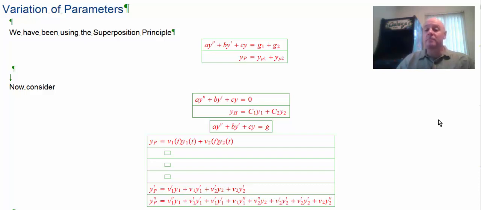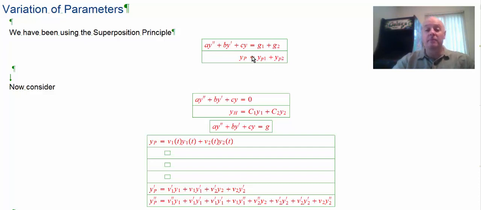Now, both these methods use the principle of superposition. So let's just mention what the principle of superposition is. Say we've got, like we have here, a linear second-order non-homogeneous equation, and the non-homogeneous part, the target function, is the sum of two functions, g1 and g2. Both g1 and g2 are functions of time.